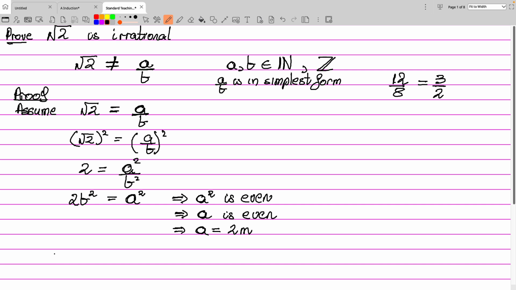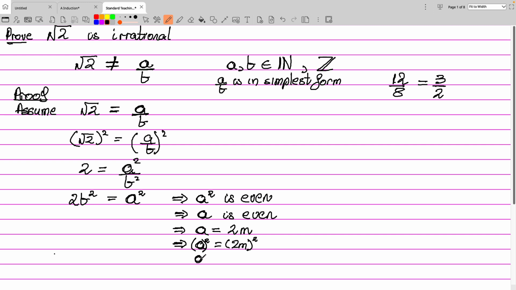I'm now going to square both sides. So if I square both sides, what does a squared equal? Well, I'm squaring the a, and I'm squaring all of the right-hand side.